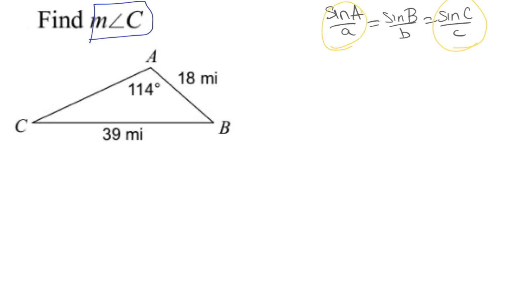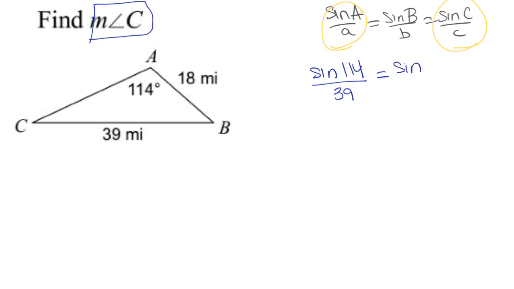So I'm going to use sine of angle A over A, and I'm going to use sine C over C. So I'm going to fill in my knowns. The sine of angle A, 114, divided by side A, which is 39, equals, and now I just need my C's.